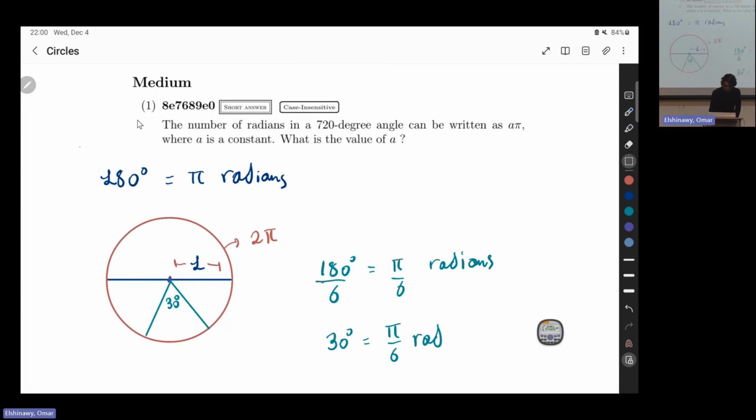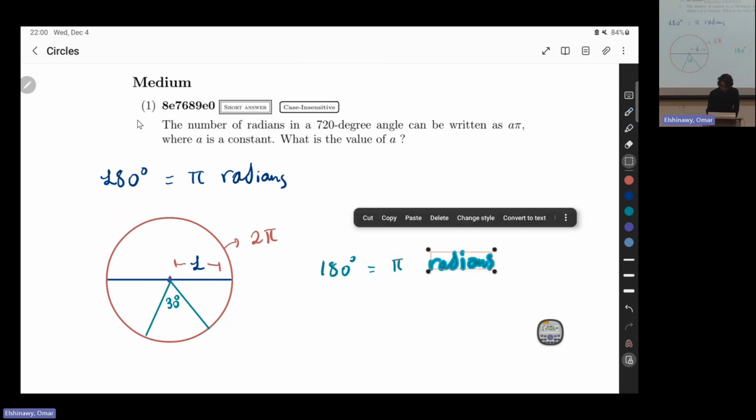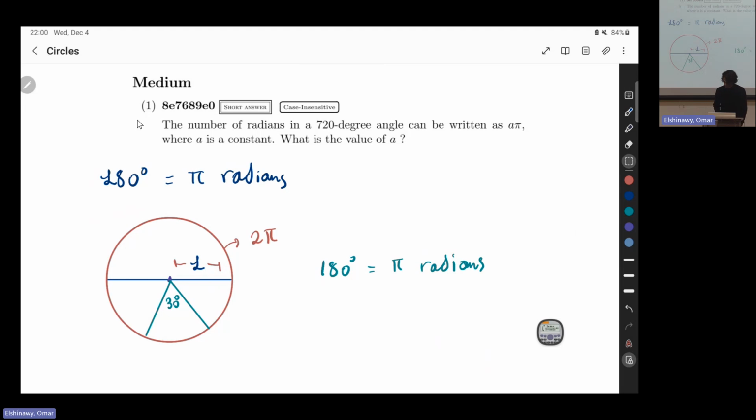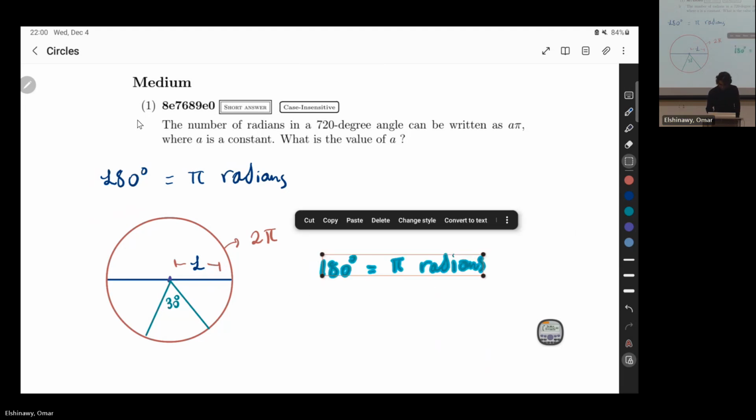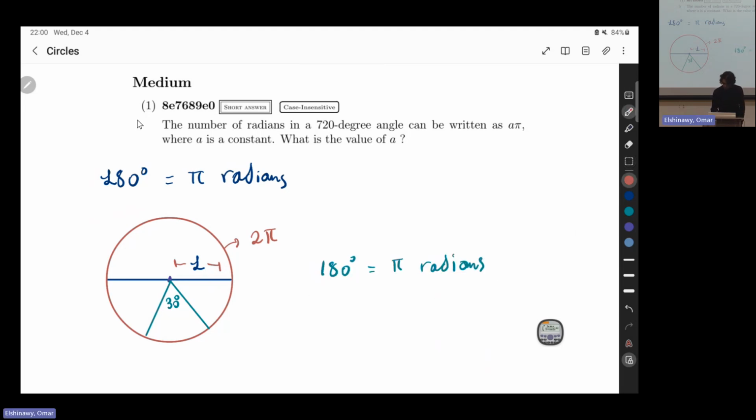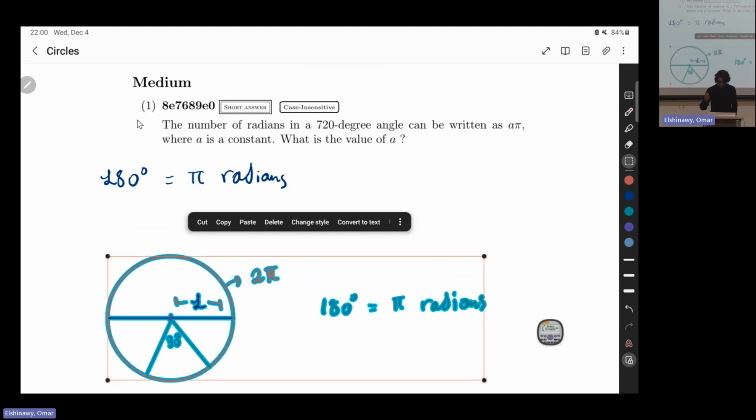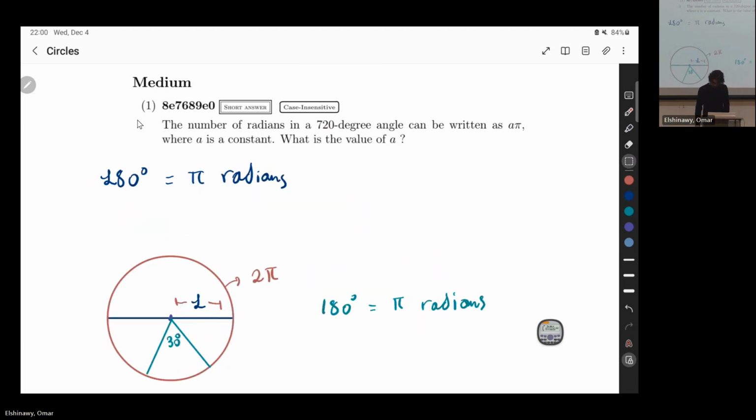Here's this. So we've talked about this a few moments ago. 180 degrees is pi radians. Then the question is, 720 degrees. Okay, let me not say this. I'll just write it down. So 720 degrees is what?